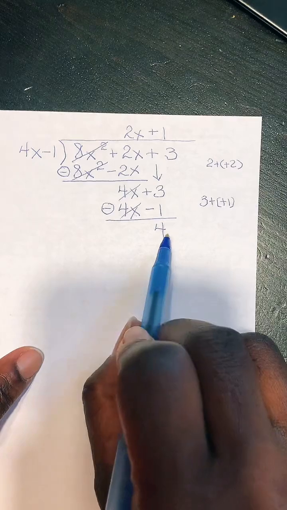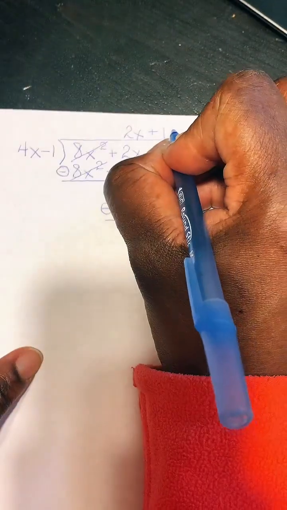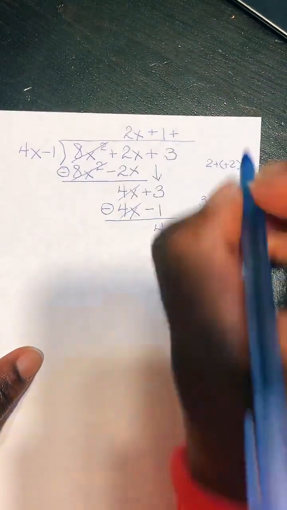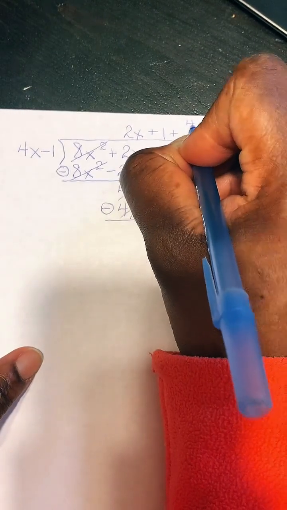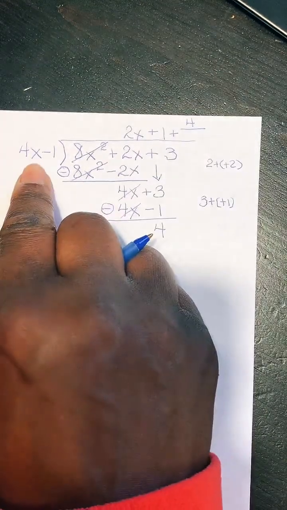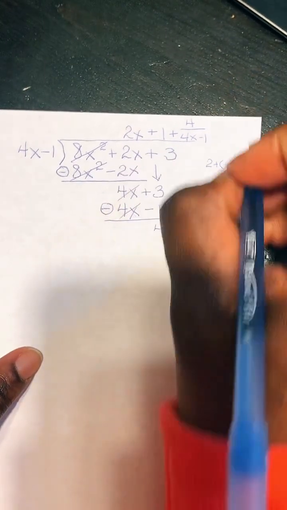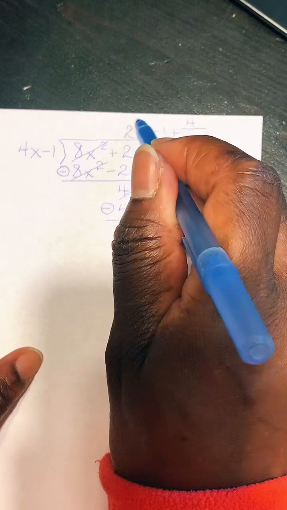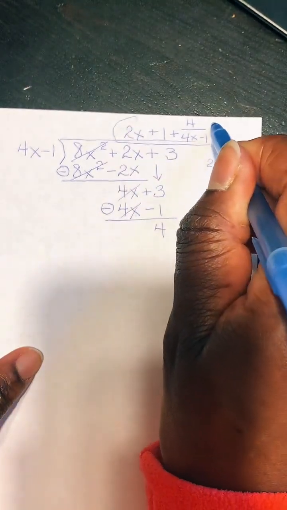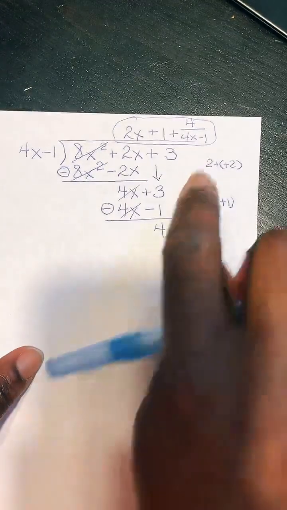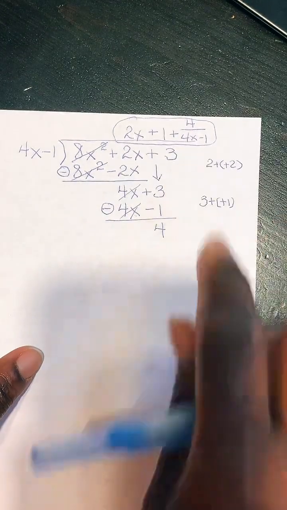Love that. You write your remainder. You're adding it on. So you have your 4 over whatever your divisor is, which is 4x minus 1. So this is your answer, or another name, your quotient. Okay, that's what your answer is called.